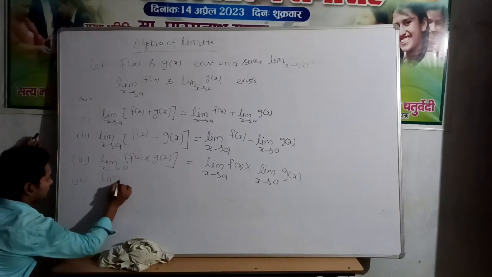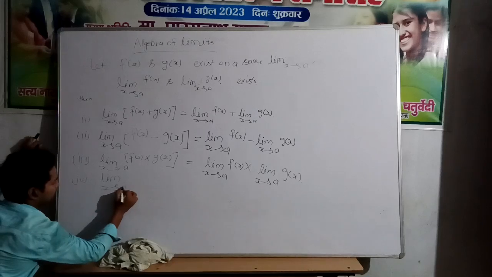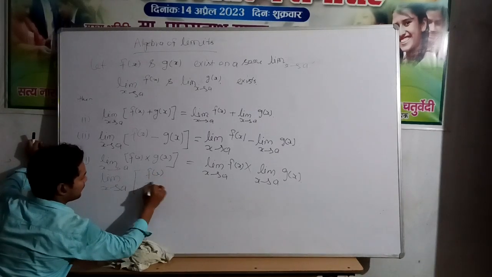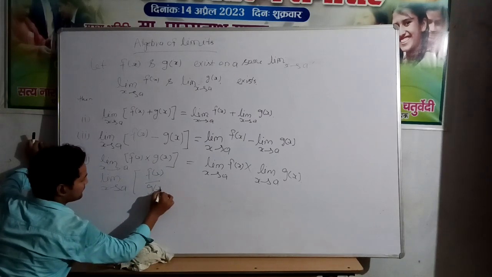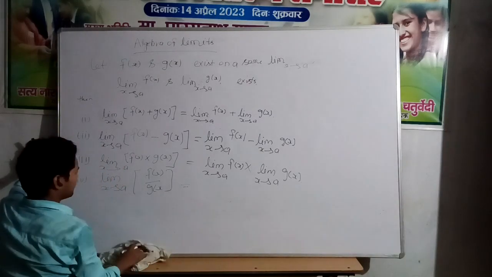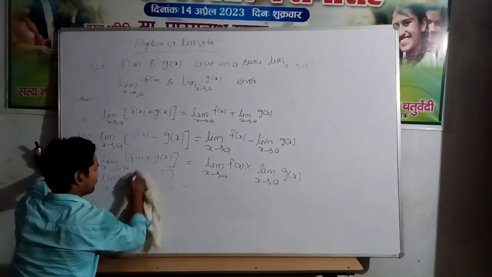The limit x tends to a of f(x) upon g(x) is complicated in form, so we can rewrite that.